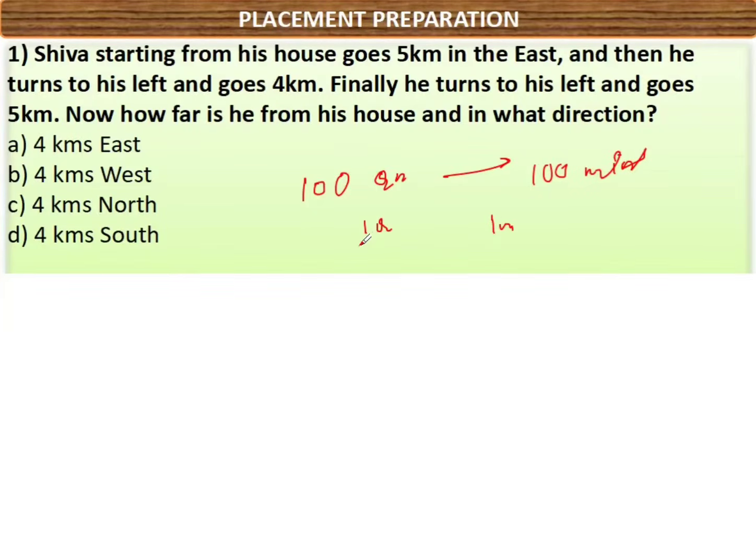If you do it like this, you cannot solve a question within 1 minute, because within 1 minute, please understand, you have to read the question, understand the question, get data from the question, solve the question with the data, and then mark the right option among the available answer options.